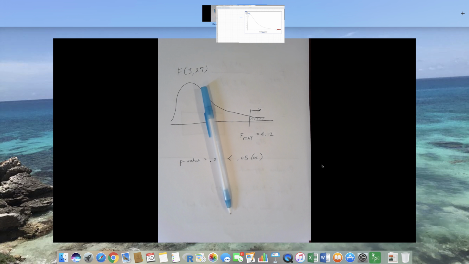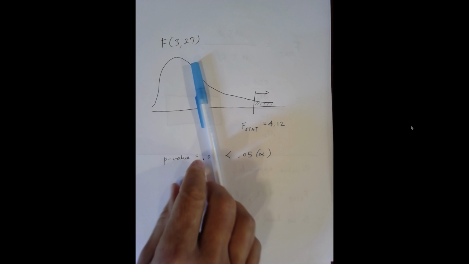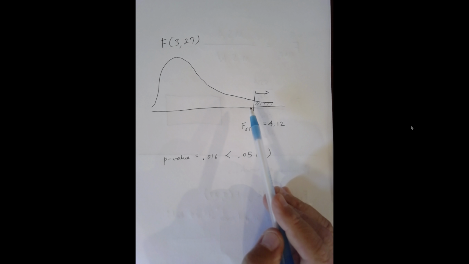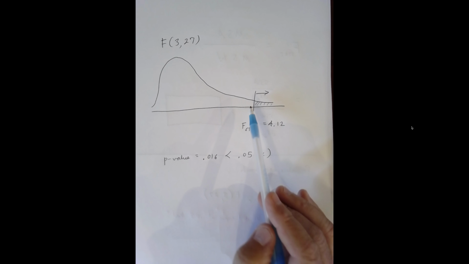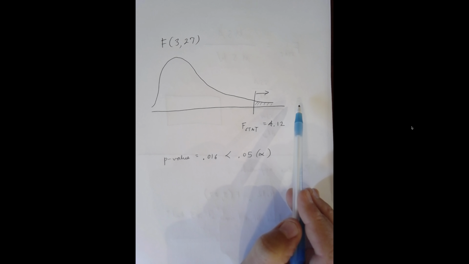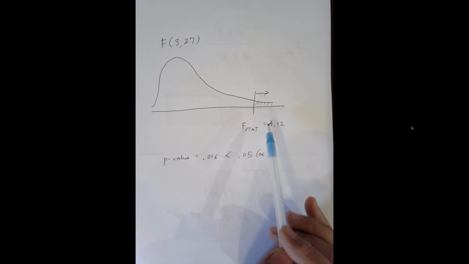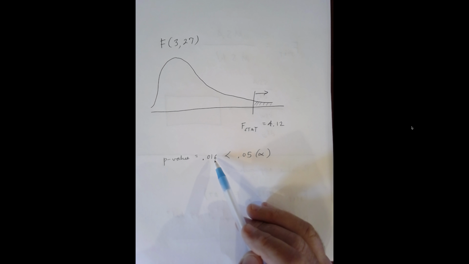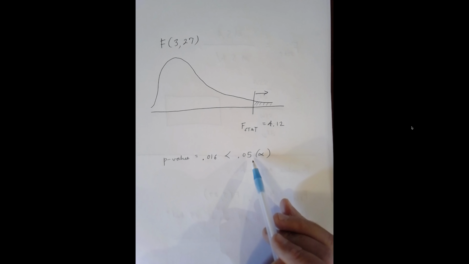All right, let me show you what I've written. So our p-value is 0.016 because it's the area to the right. Guys, again, F distribution, none of that two-tail stuff. Don't have to multiply by 2. We only worry about the calculation in the right tail. So the area to the right of 4.12 is 0.016. That's less than the level of significance 0.05.